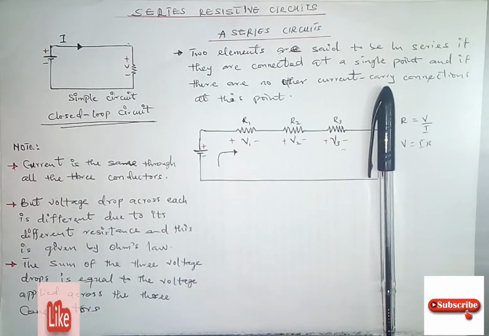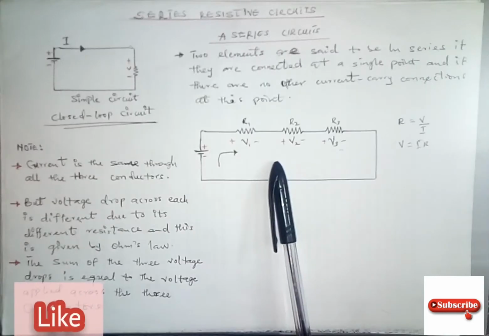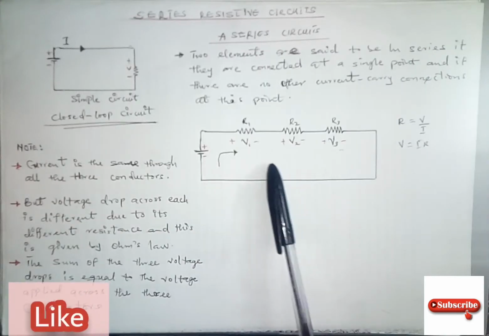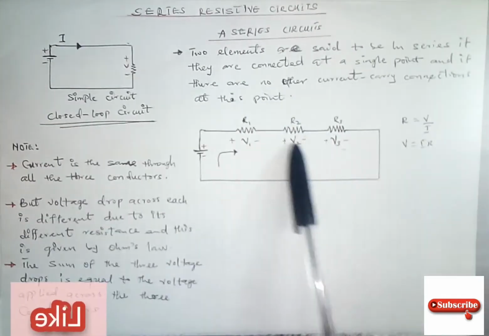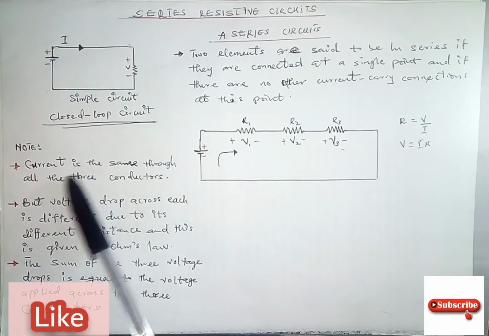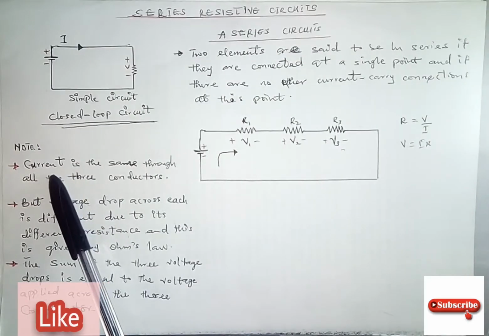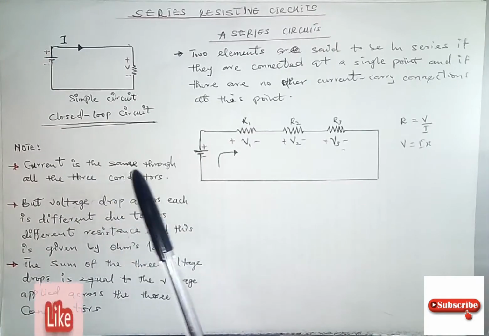The figure we have here is a simple electrical circuit which has three resistors, or we can call them light bulbs. These are the things we are going to note in this circuit. Number one, the current is the same through all the three conductors.